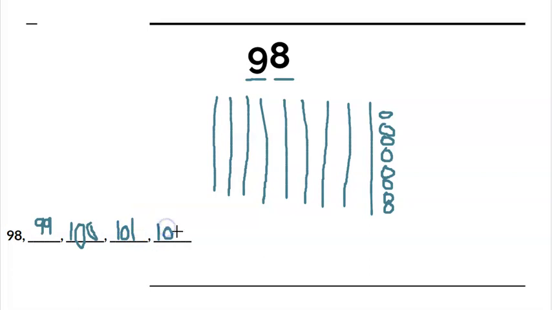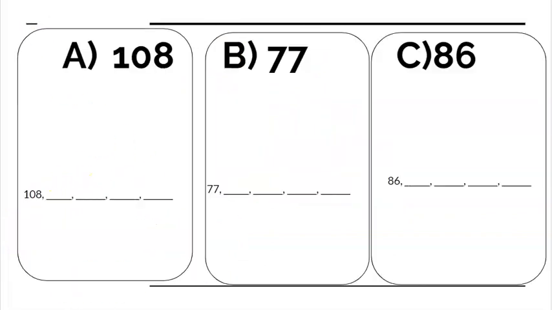Good job, first grade. Now say it with me. 98, 99, 100, 101, 102. Beautiful job, my friends. Remember the 3 things that you need to work on today. You need to identify the number, draw it out with quick tens, and then count on.